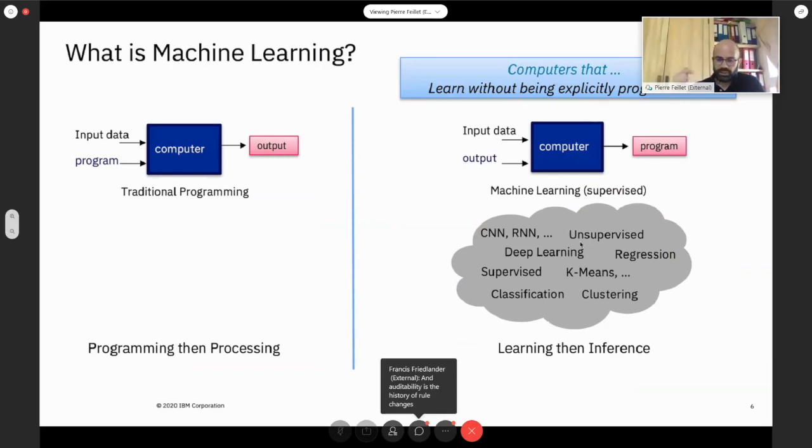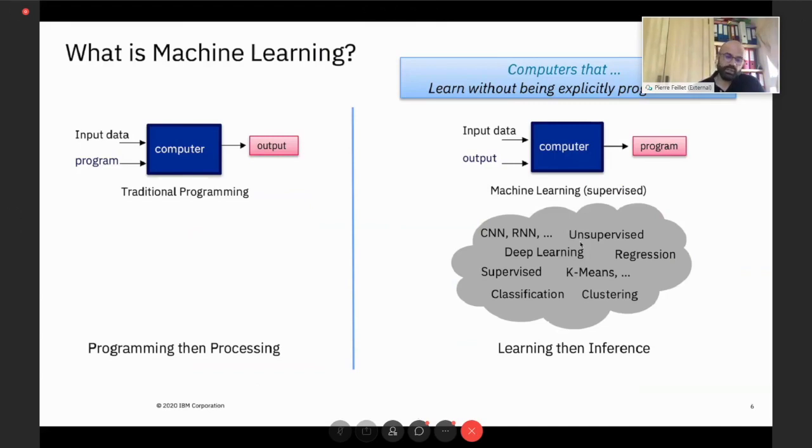With machine learning, the thinking is very different, because we say, okay, and here I zoom directly on supervised machine learning. We know that we have inputs, and we expect to have outputs, and we don't want to program something from scratch, but we want to teach a kind of generic approximation program, and to tune it to approximate the expected outputs when there are new inputs that come when we are using this ML model.